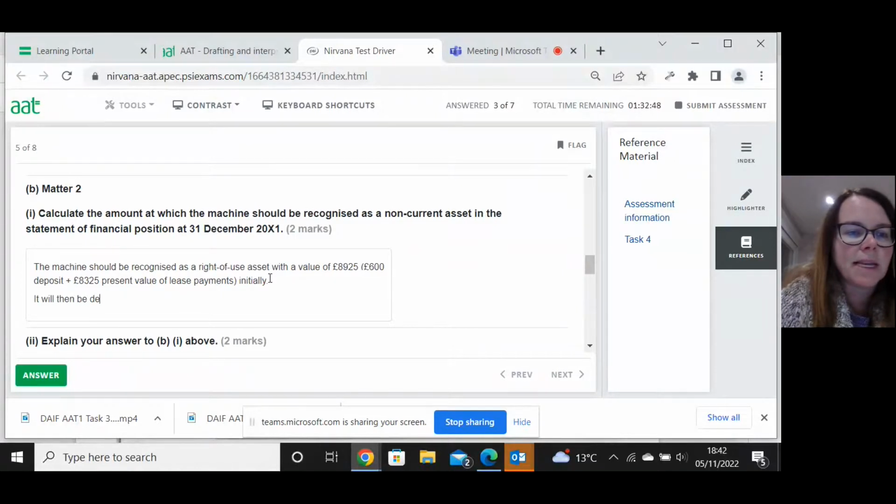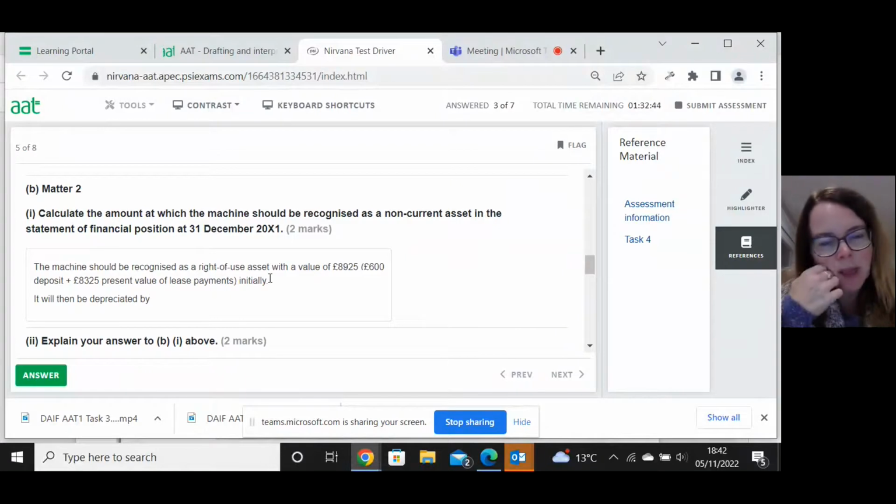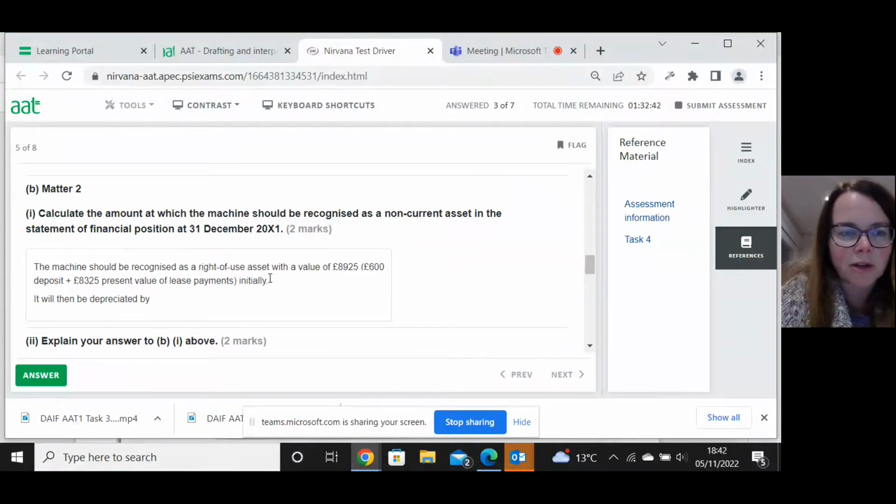It will then be depreciated by, now what did we say? We're going to do it over 3 years. So that comes to 2,975, which is the 8,925 divided by 3.